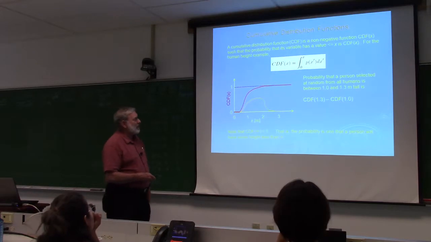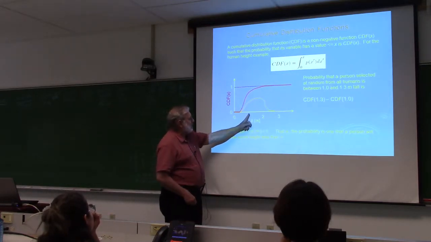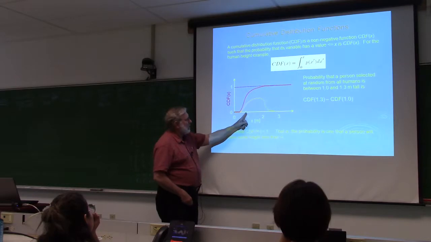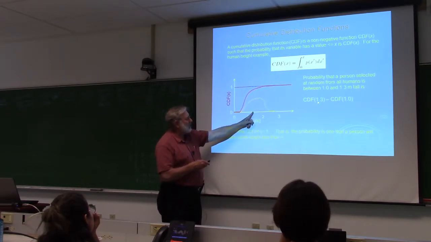Okay, so then if you think back here, well, what's the probability that somebody's between 1 and 1.3 meters high? Well, if you think about it, that's just the CDF of 1.3 minus the CDF at 1.